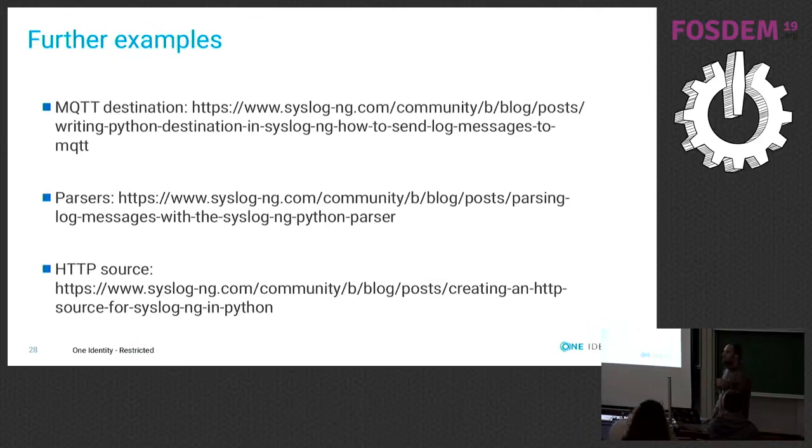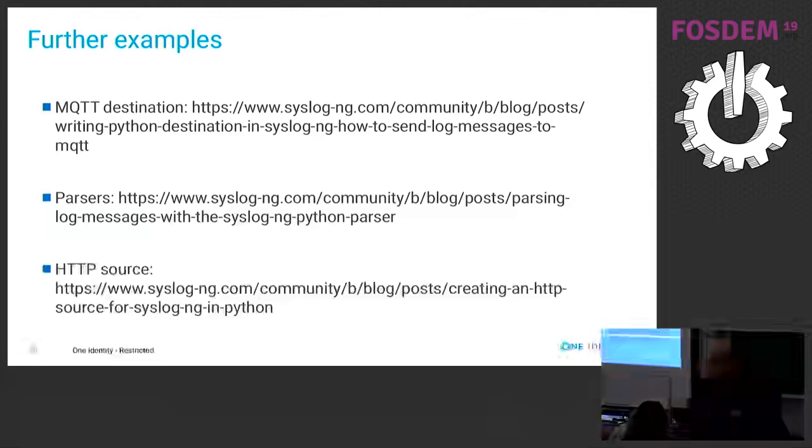These were quite simple examples, but there are more complex examples available on my blog: an MQTT destination, a few parsers, and an HTTP source. You can check these out for more complex examples.